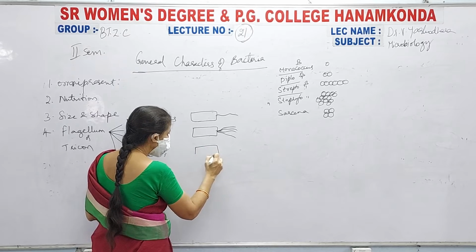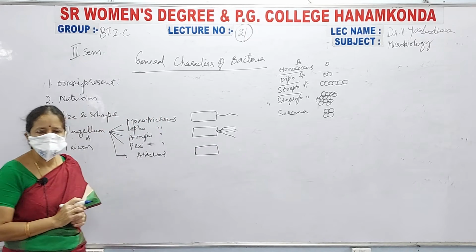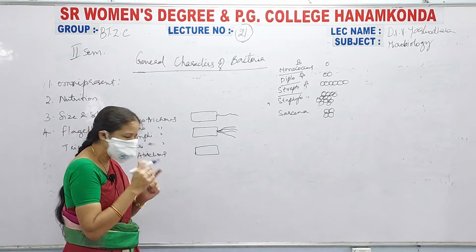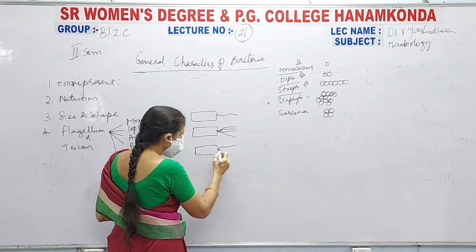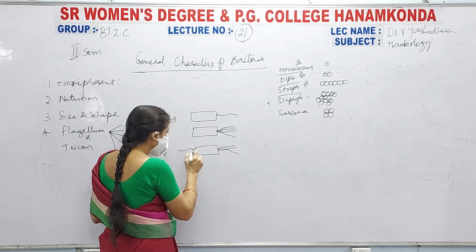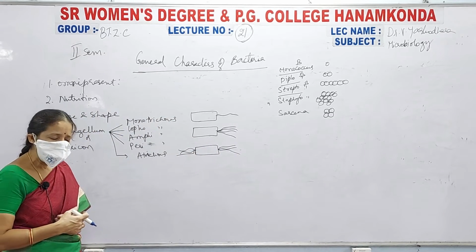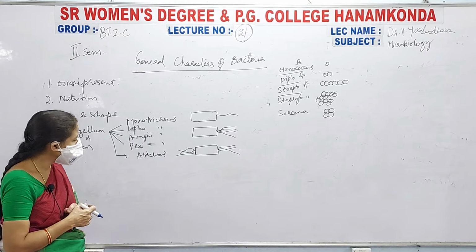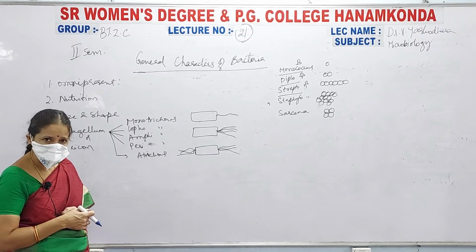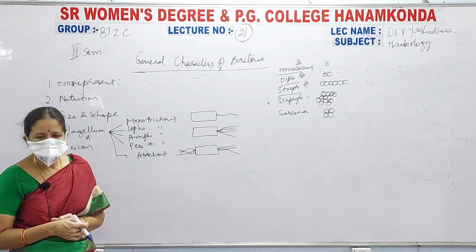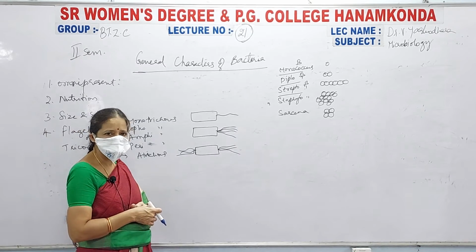Amphitrichous: an amphibian, like a frog, can live both in water as well as on land.